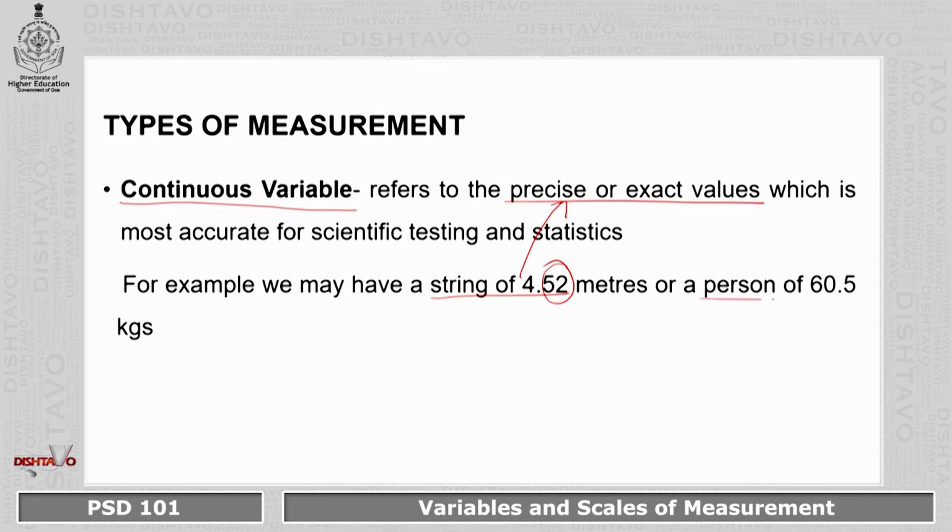Or if I say a person of 60.5 kilos, I am giving you preciseness or exactness in my value. Similarly, a pharmaceutical drug company would have to use precise or exact values, because if they add something of a value that is more than required, it would create a difficulty with that composition.